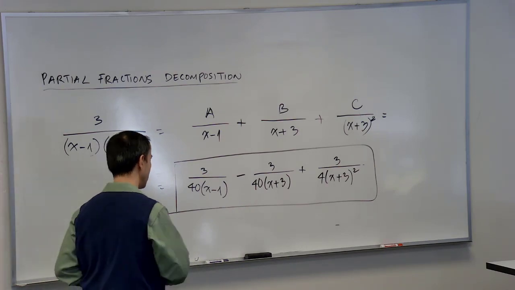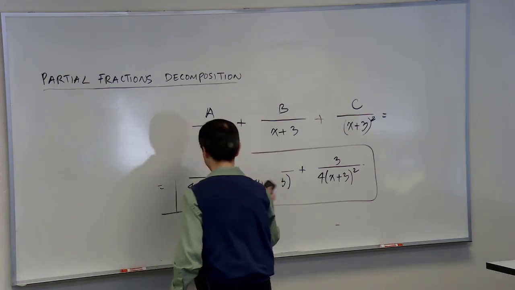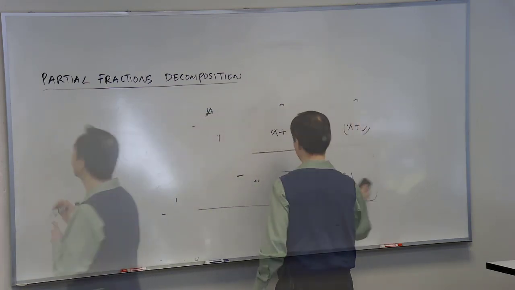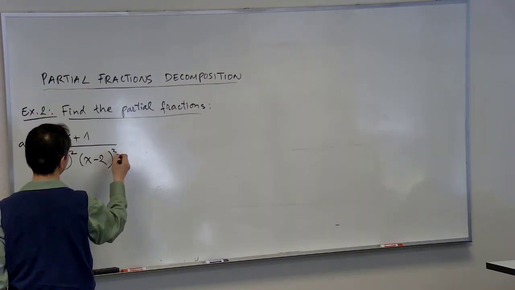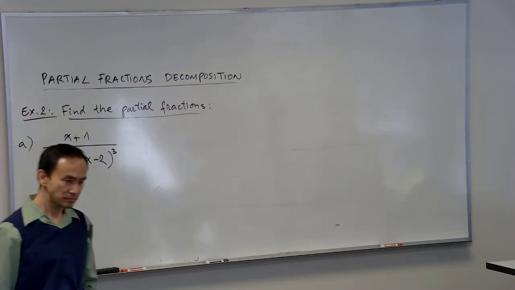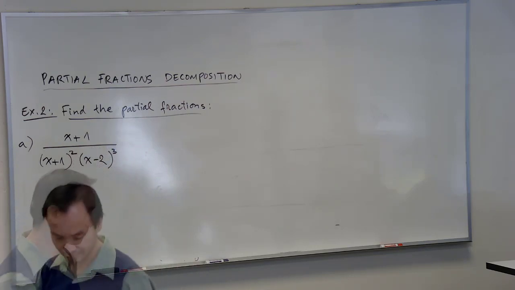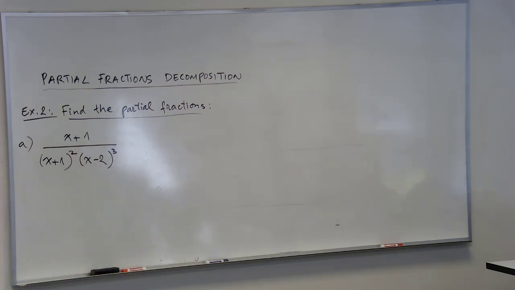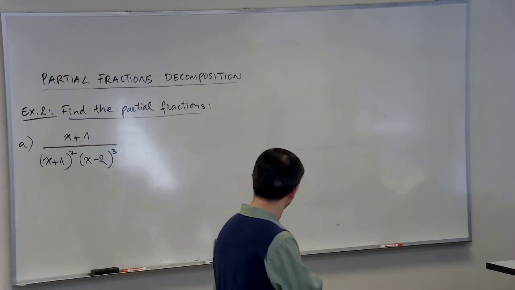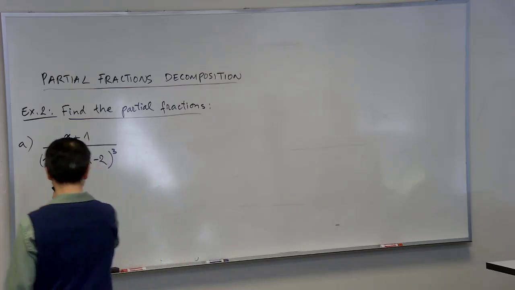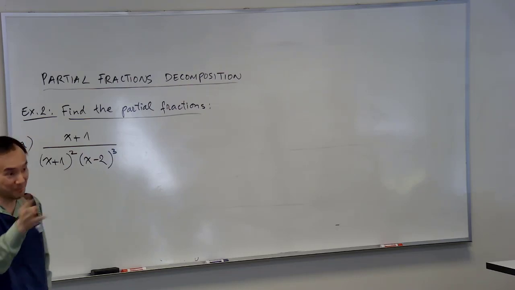All right, so let's look into some examples. Let's call it example 2. I put this problem right at the beginning with the denominator already factored, because I don't want to waste your time doing the factoring.